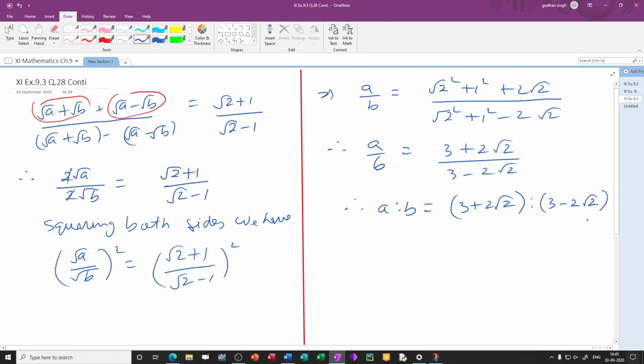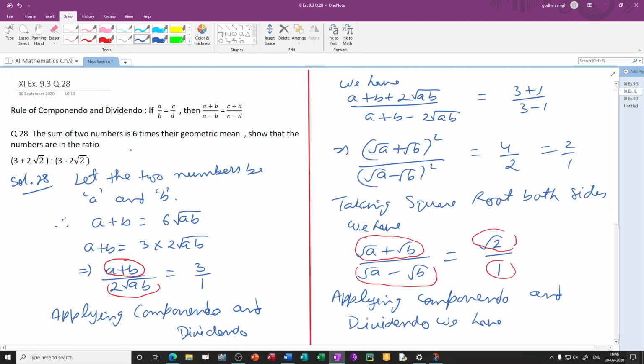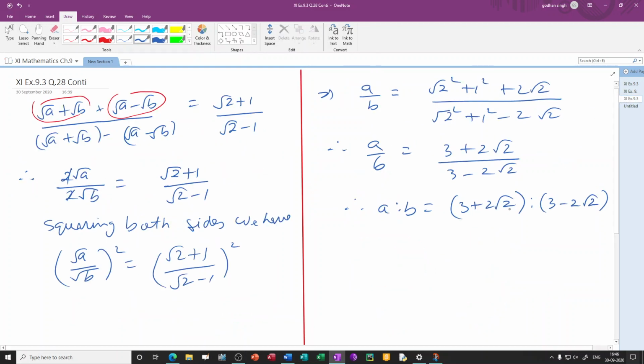So this is the way of writing it, and this is our required result. So let us see whether we have got what we required or not. 3 plus 2 root 2 over 3 minus 2 root 2. So with this, question number 28 is also complete.